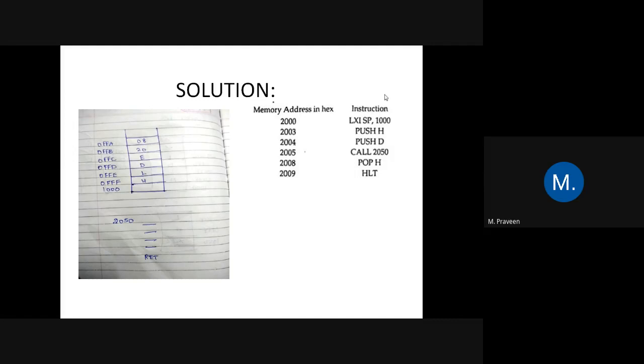If you take the call instruction, it is currently at address 2005. While doing this instruction, the program counter value is going to be the address of the next instruction.